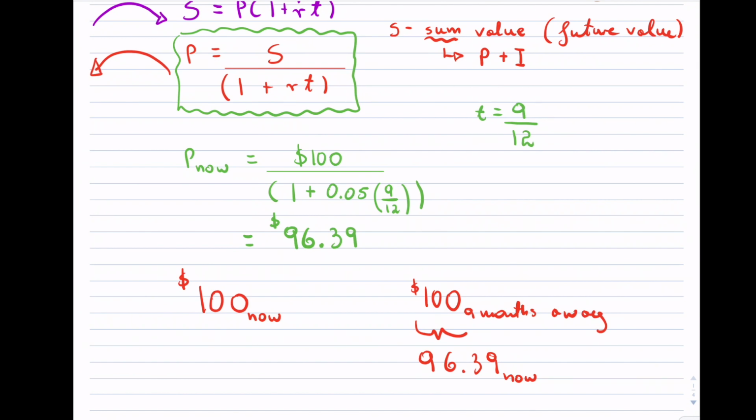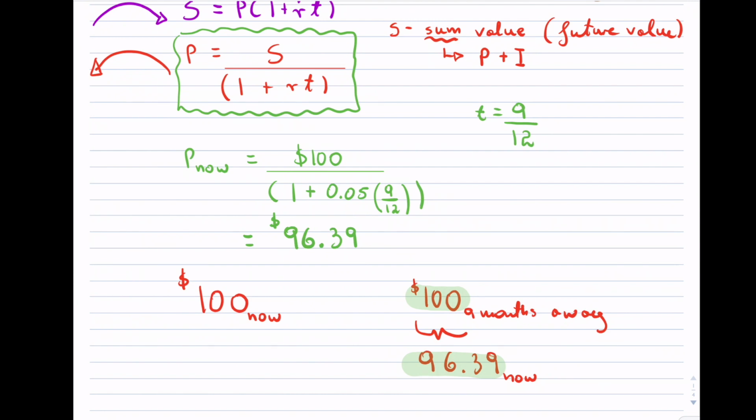So this 100, 9 months from now, is equivalent, it's the same as $96.39 right now. That's what we mean by equivalent values.